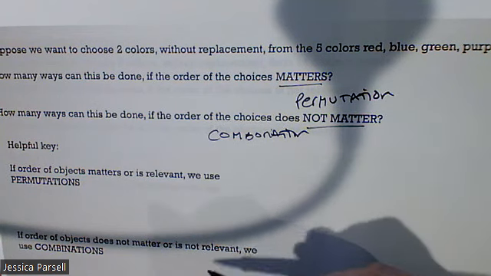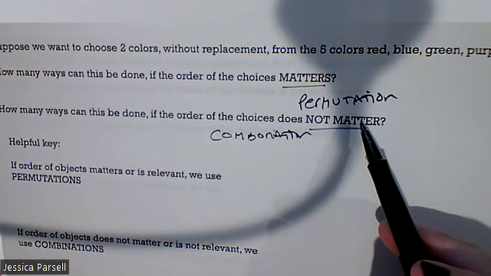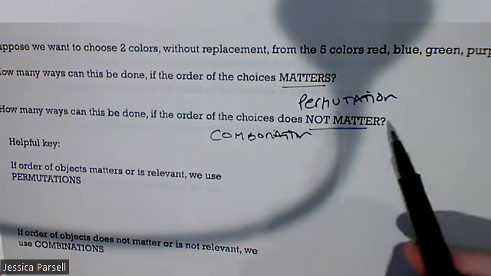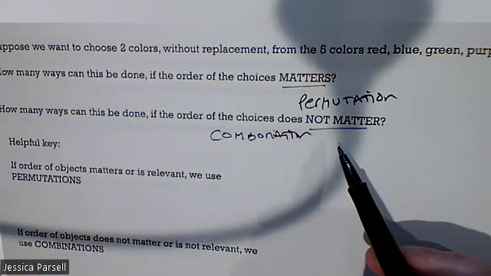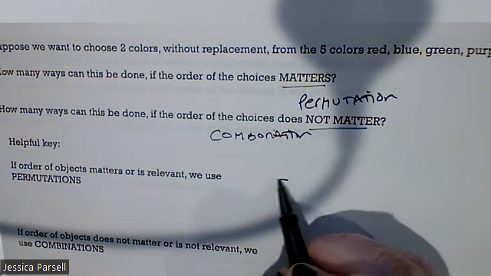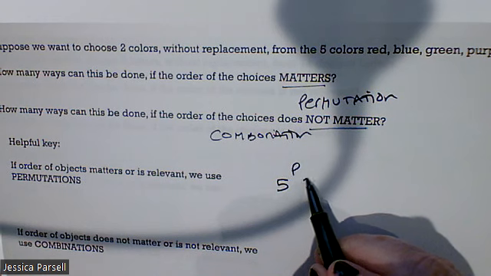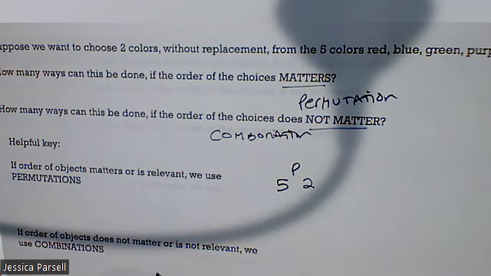Okay, so I put the little helpful key here. You're going to have to go back and find your formula for permutation and combination. You'll probably practice this so much they'll be memorized. The first one is we have 5 objects and we're going to permute them, choosing 2 at a time. The other one is 5 combination 2.